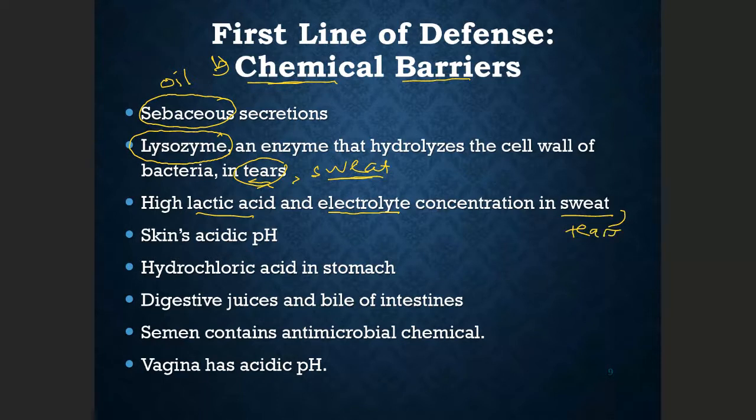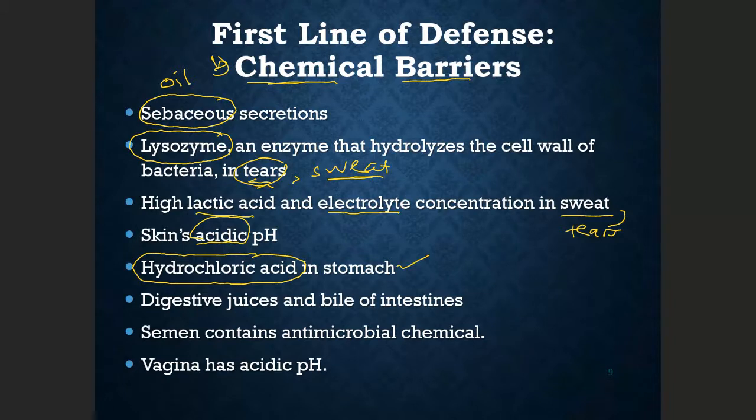Skin sometimes has acidic pH, and there is hydrochloric acid in the stomach. So this is also chemical. There are so many bacteria that will enter into our stomach through the food and the drinks. Because the stomach is very, very acidic, it kills a lot of bacteria or viruses coming from outside into our GI tract. So this is very important: the hydrochloric acid in the stomach.